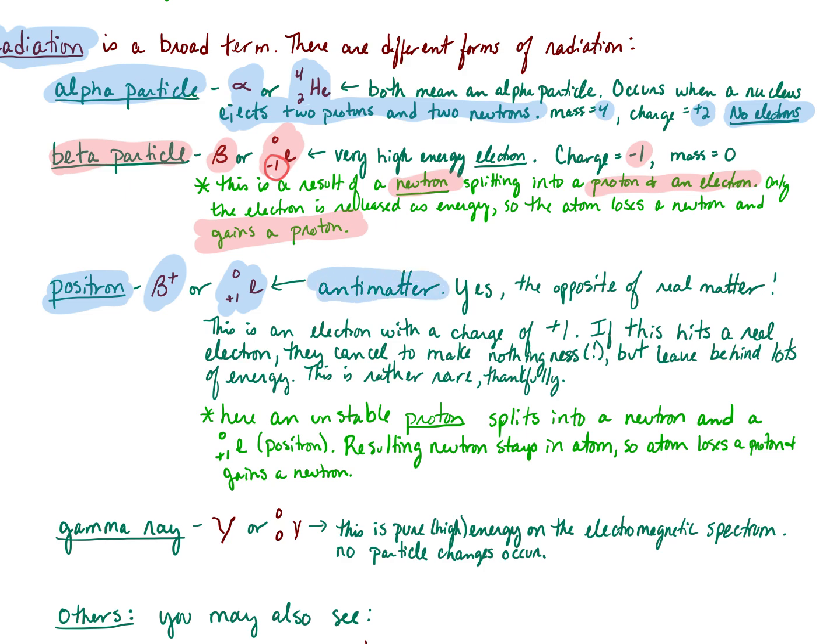You may have heard that term before in scary sci-fi movies: an antimatter chamber, whatever. Well, it is exactly what it sounds like. It's the opposite of matter. So if this hits a real electron, they literally cancel to make nothingness. And how could it not hit an actual electron? They're everywhere.